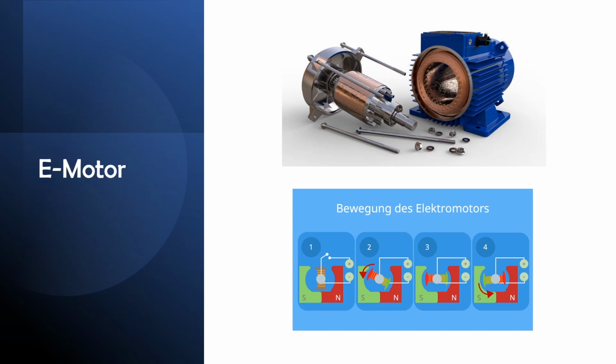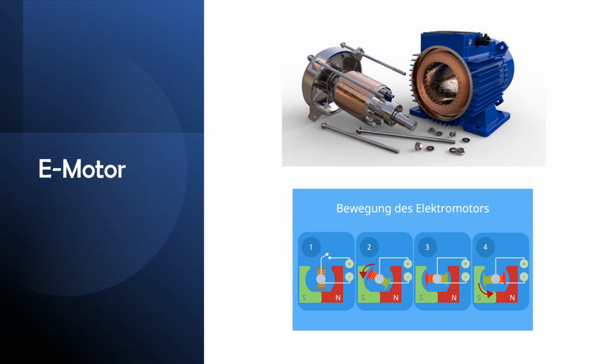Since the rotor is rotatable, it continues to turn until the unlike poles of the two magnets from the rotor and the stator face each other and attract. This position is also called the optimal alignment. The rotor no longer rotates at this point.